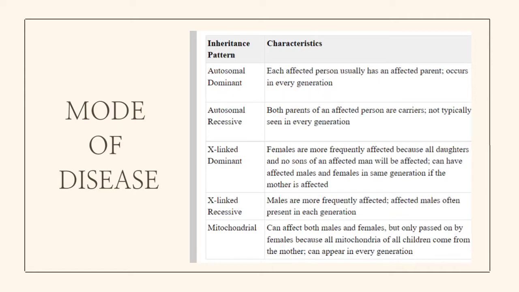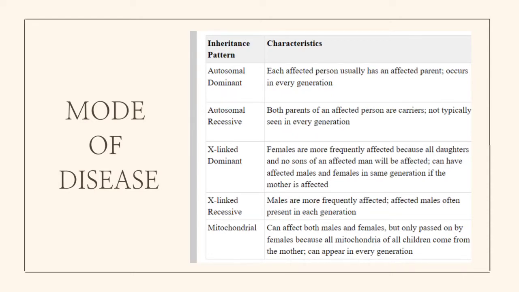Since they are carriers, although unaffected, there is a high probability that they will have an affected child. Okay? So, always remember that in autosomal recessive, it is not seen in every generation.